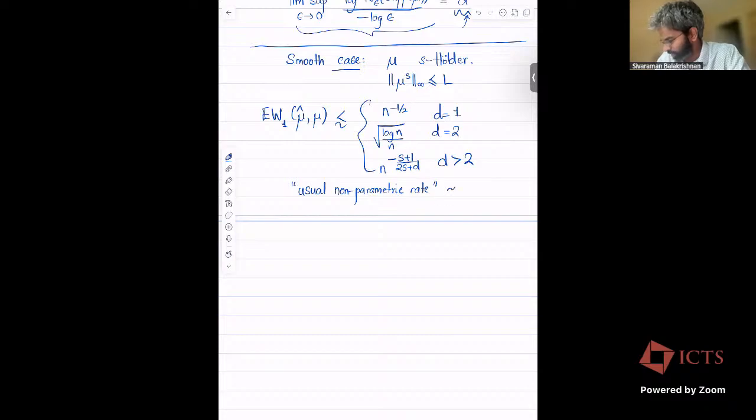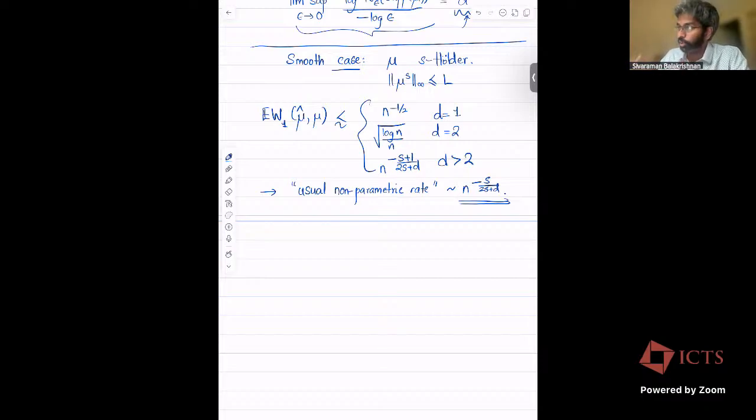That would be something that looked like n to the minus s over 2s plus d. So the comparison between these two is that when the smoothness goes to 0, you cannot estimate something like the TV. So the usual non-parametric rate will just become some inconsistent thing.